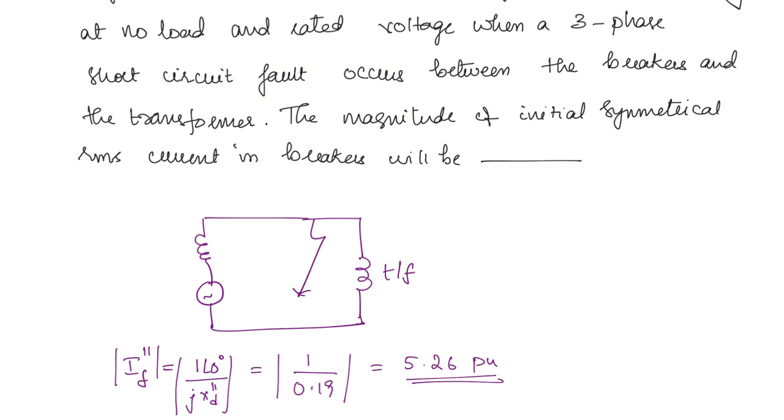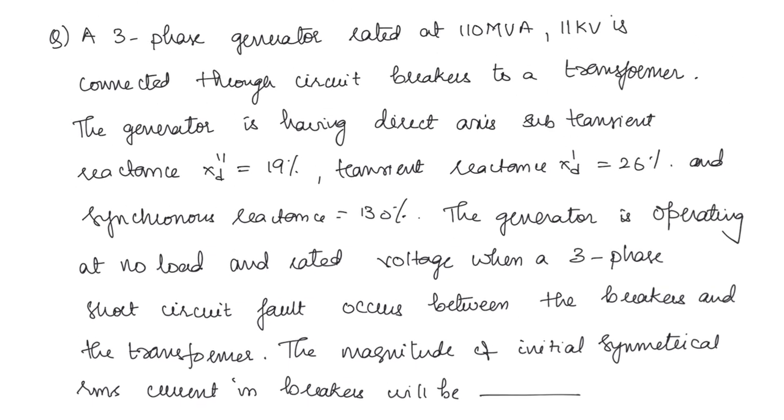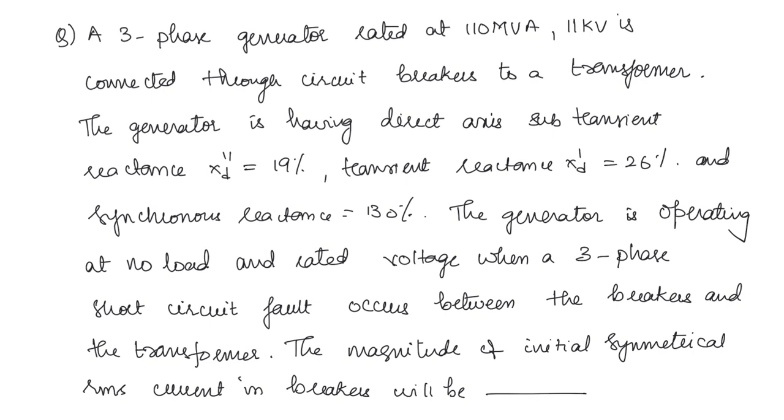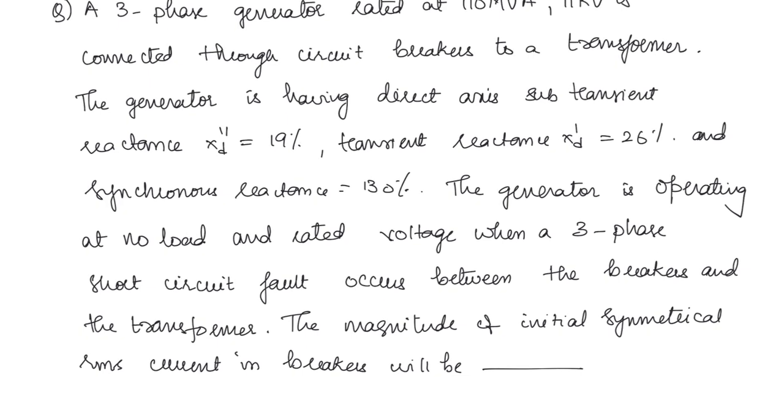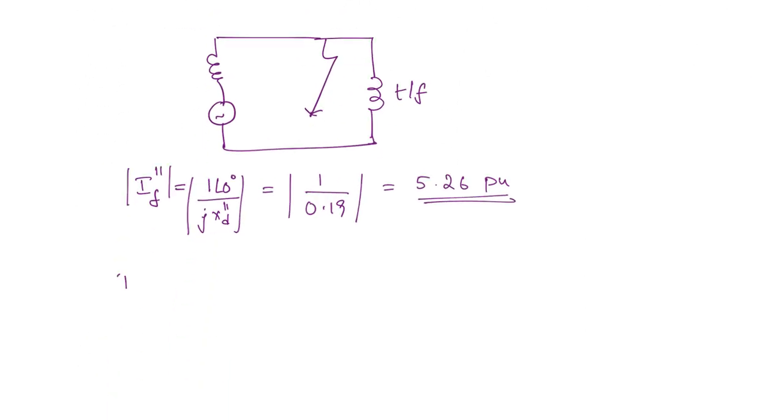Now the base values, are they given? It is given in the question. Rated at 110 MVA and 11 kilovolt. Okay, so here you can take the base current will be equal to the MVA, so 110 into 10 to the power 6 divided by root 3 into 11 kilovolt.